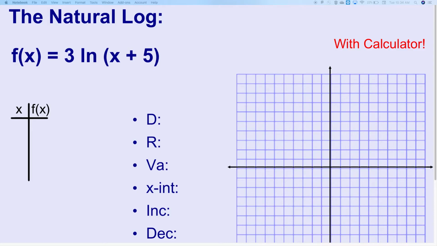I'll pull up my calculator here and see if I can get it. But you just want to type the natural log button. You don't want to do second e. So can you get the correct answer?